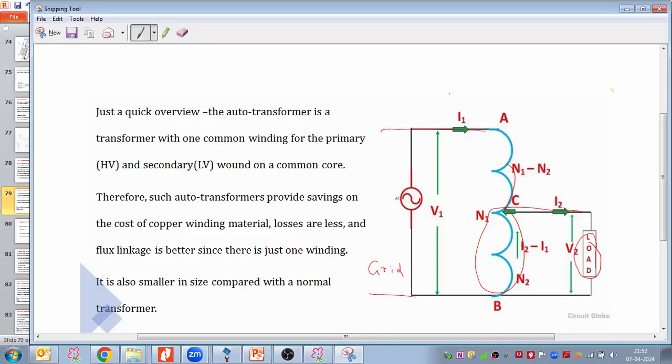We use, in that case, the two winding type transformer, right? Where the HV winding and LV winding are separate, isolated, only magnetically coupled.